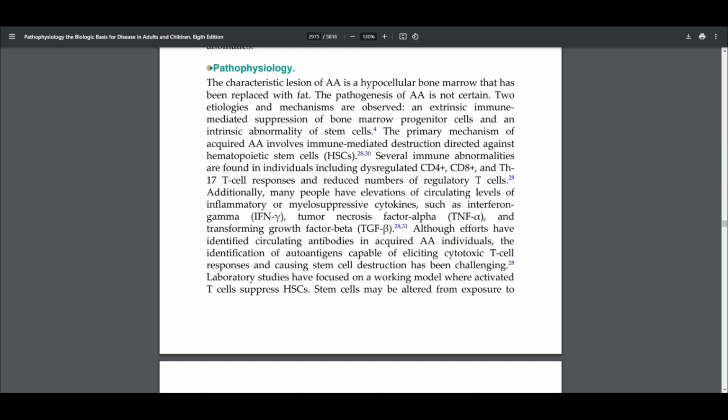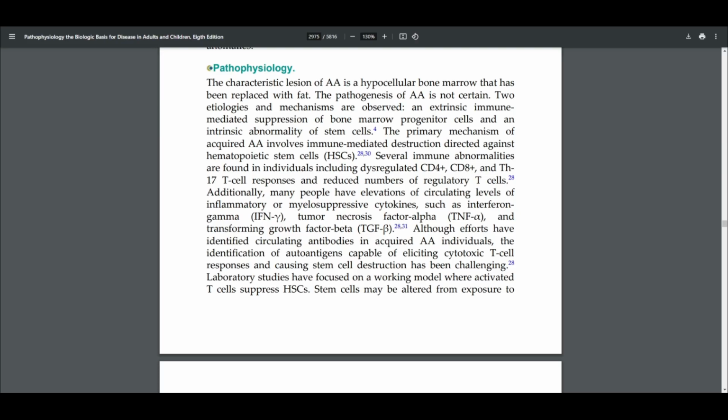Several immune abnormalities are found in individuals, including dysregulated CD4, CD8, and Th17 T cell response, and reduced number of regulatory T cells. Additionally, many people have elevations of circulating levels of inflammatory or myelosuppressive cytokines, such as your interferon gamma, your tumor necrosing factor, and transforming growth factor beta.